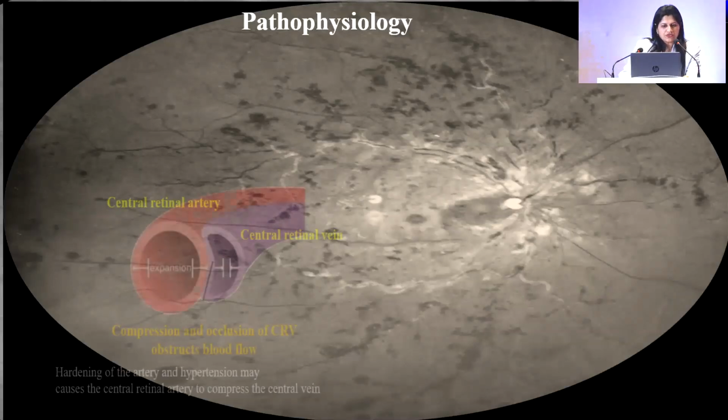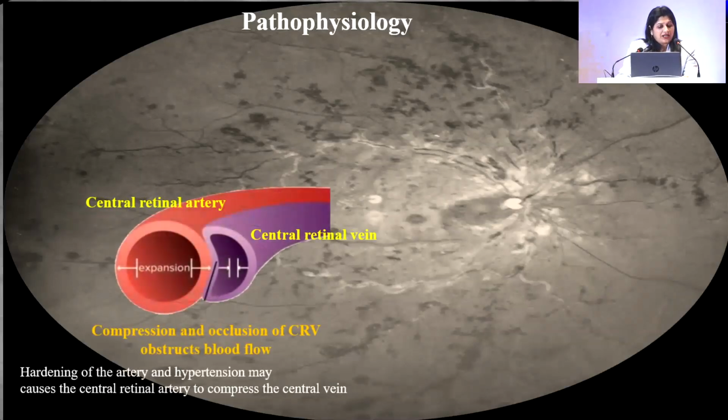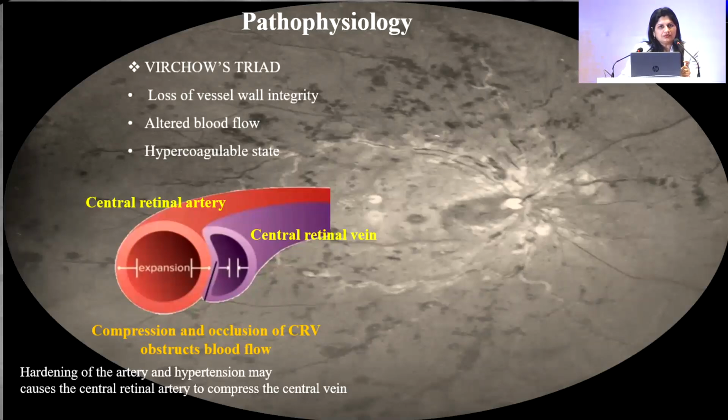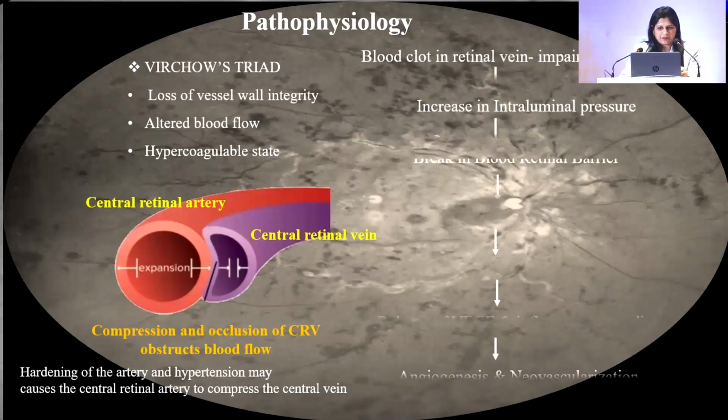Coming to the pathophysiology, with the hardening of the artery due to hypertension or atherosclerotic changes, the central retinal artery gets expanded and compresses the central retinal vein. So the Virchow's triad which we have always heard of: there is loss of vessel wall integrity, altered blood flow, and a hypercoagulable state.